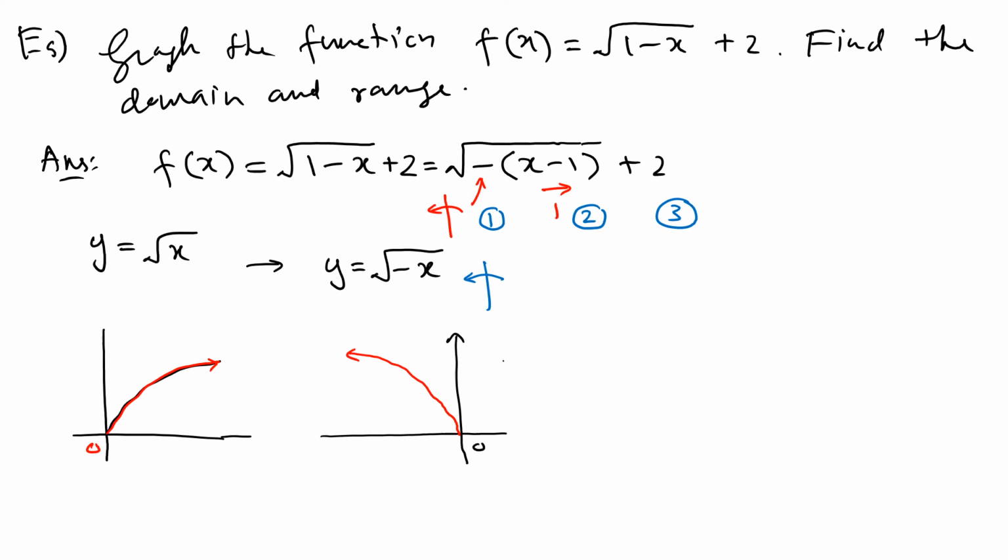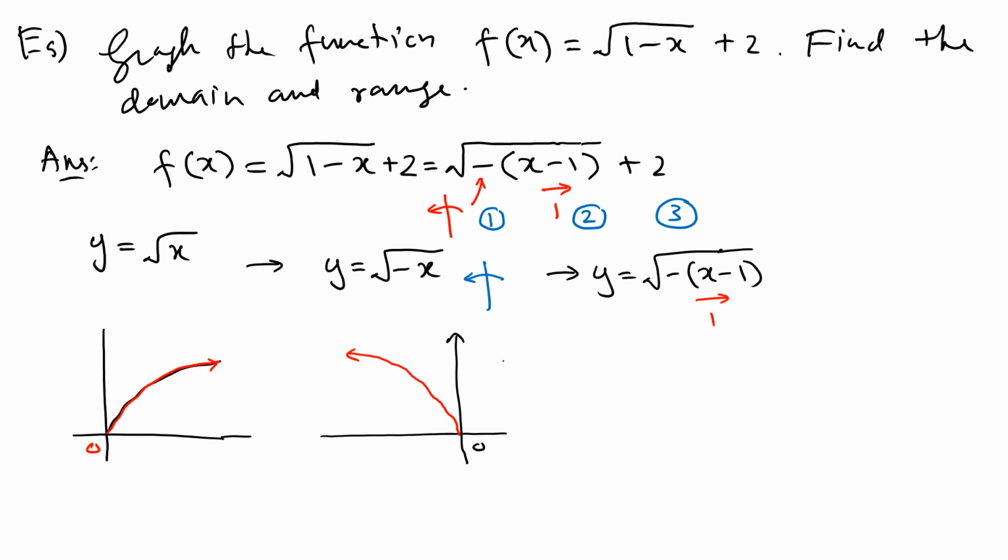And then the next one. What's the next one? Now we're going to do the horizontal shift, which is y equals the square root of negative x minus 1. That means you're going to shift this by 1 to the right.